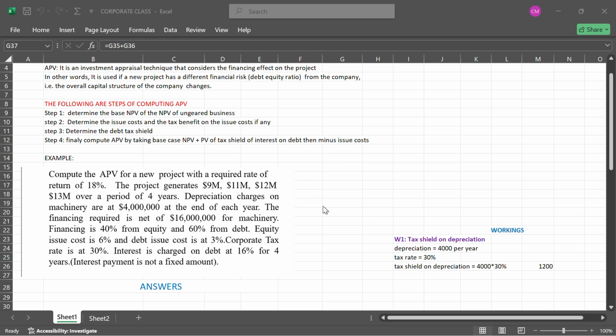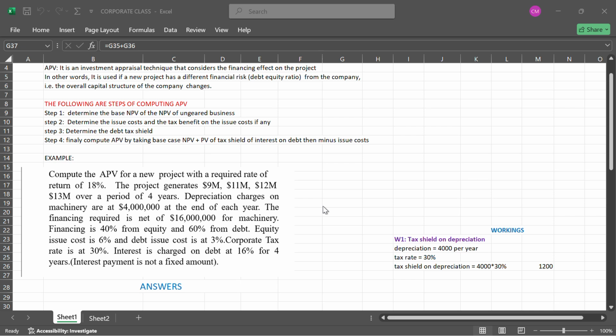And then equity issue cost is 6%, meaning that the 40% is net of issue cost, and debt issue cost is at 3%, meaning that this 60% is net of issue cost of 3% of the required amount.